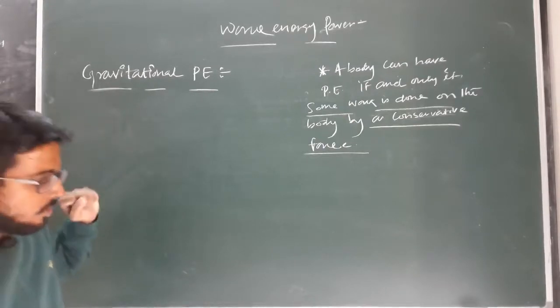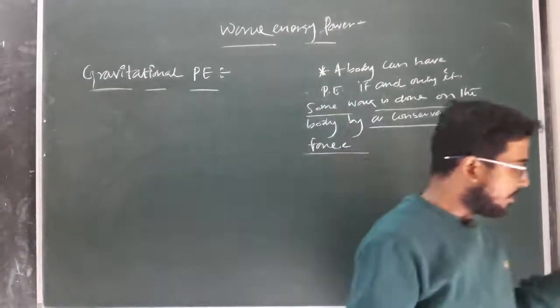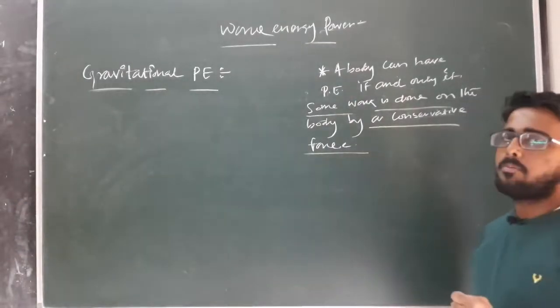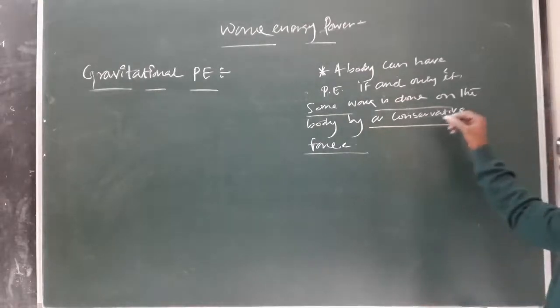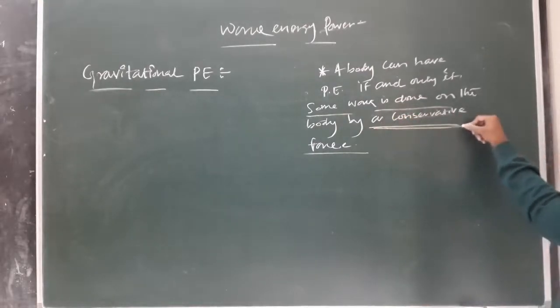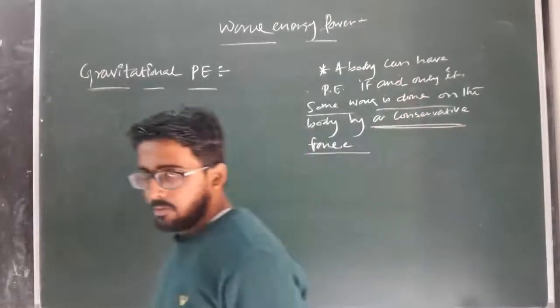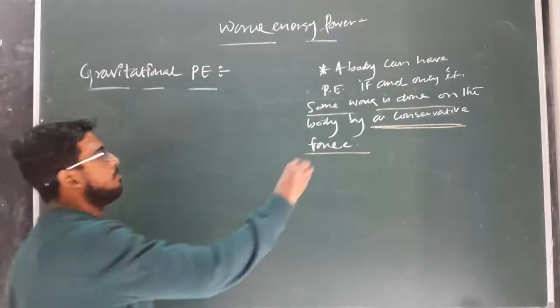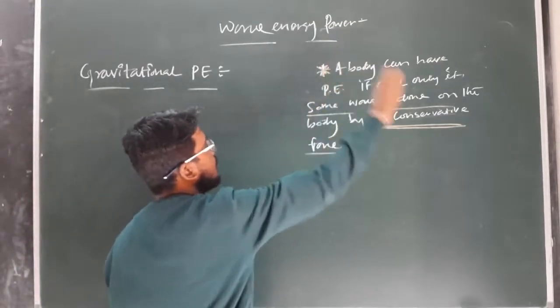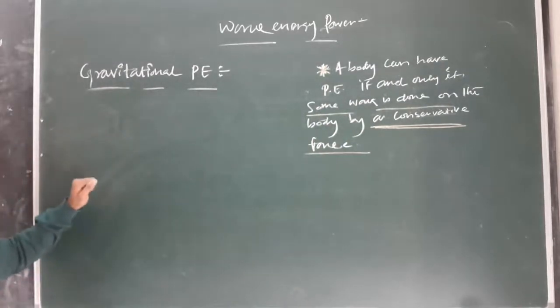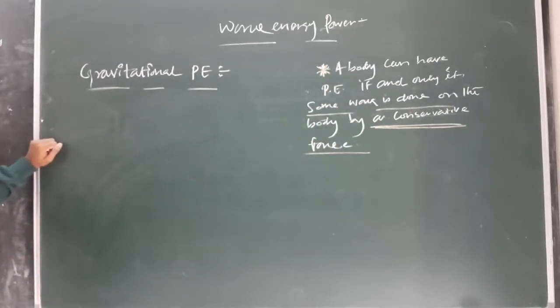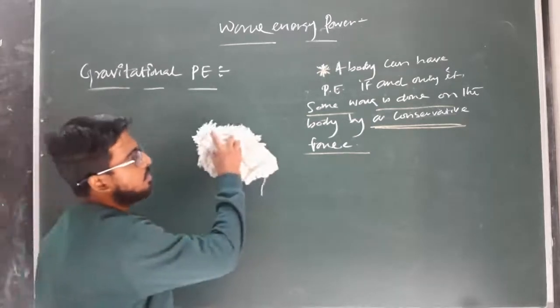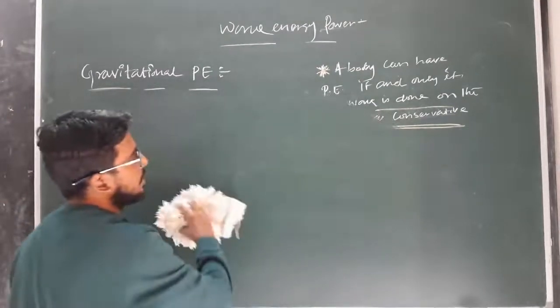Clear? Because any non-conservative force does not have that ability to store energy in the form of potential energy. So if the applied force is a conservative force, then only the work done by that applied force will be stored within the body as its potential energy. Clear? So a conservative force is only responsible for potential energy.